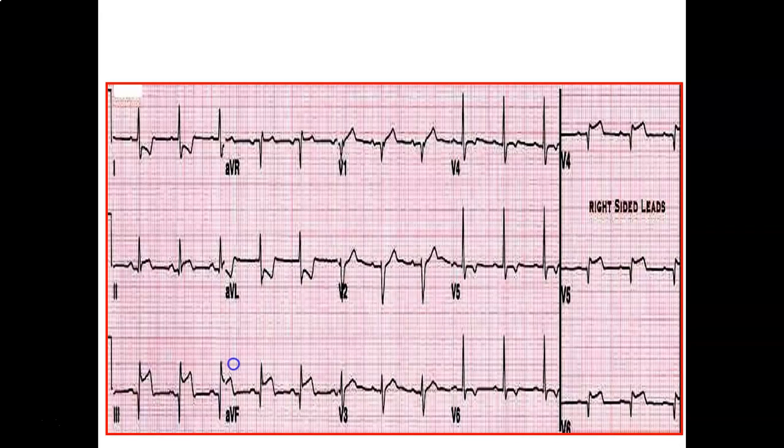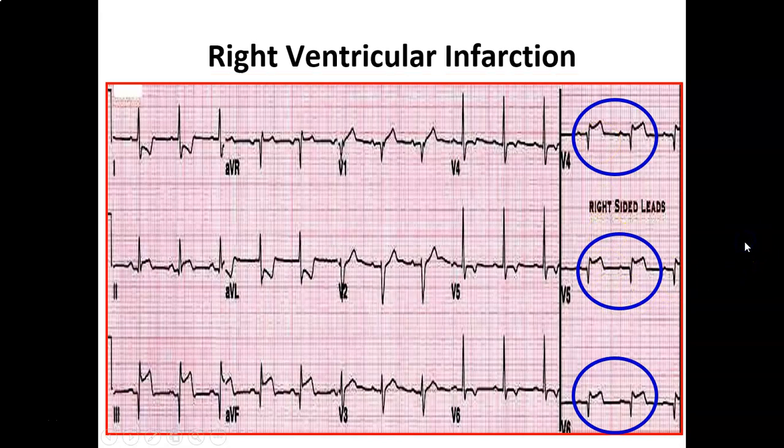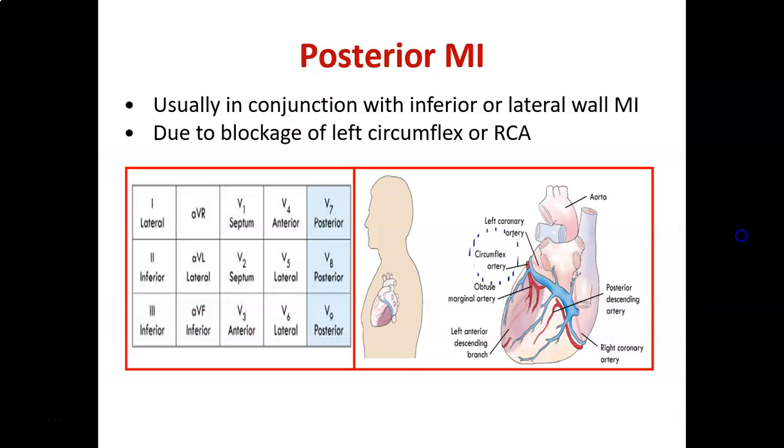For right ventricular infarction, you have to record the right sided leads. Okay, V4, V5, V6, or at least V4 right sided, and you will see here ST segment elevation, and this confirms your diagnosis. So this is inferior MI along with the right ventricular infarction, because the blood supply is shared by these two areas.